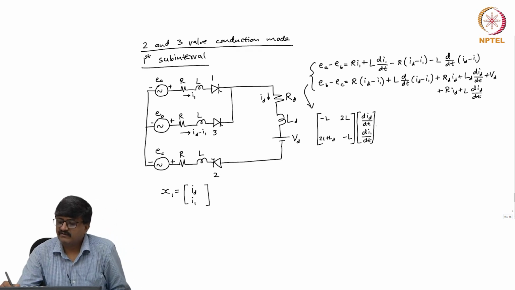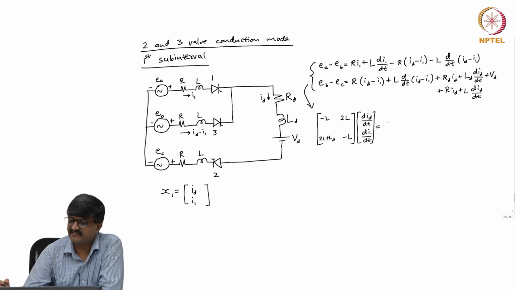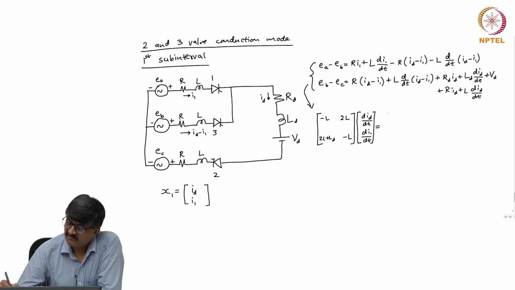I will equate this to the remaining terms on the other side. First I will take the terms involving ID and I1.